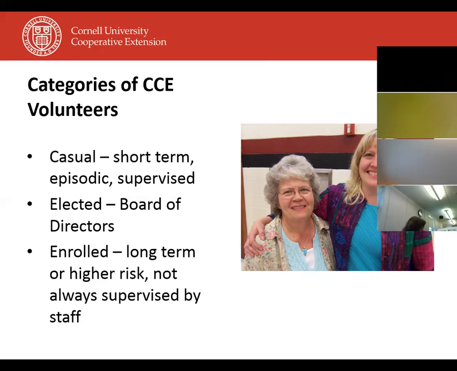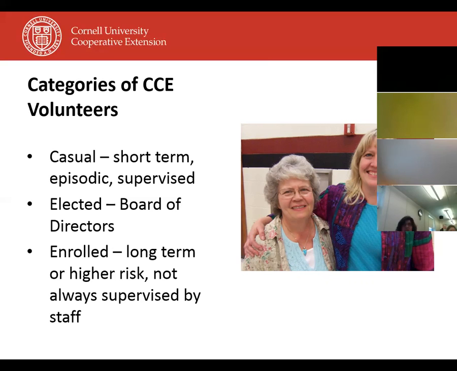It might be a day, it might be several days, but not a continuous kind of a program. And these volunteers always need to be supervised either by a staff person or by an enrolled volunteer. So someone is with them at all times. That is either a staff person or an enrolled volunteer.